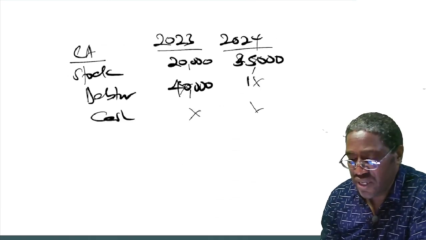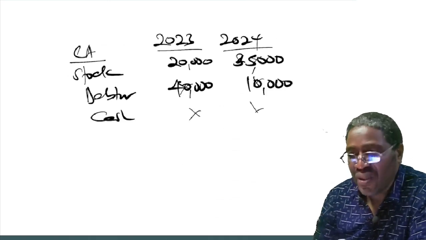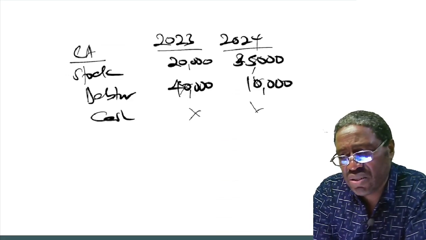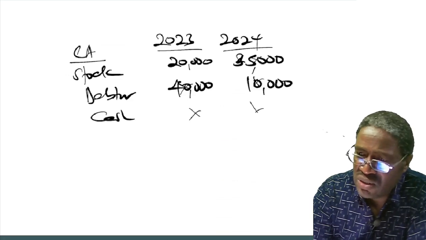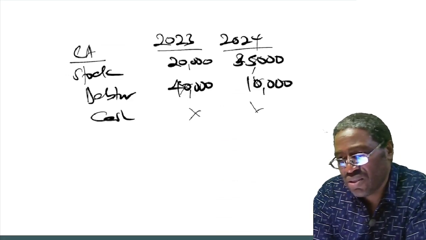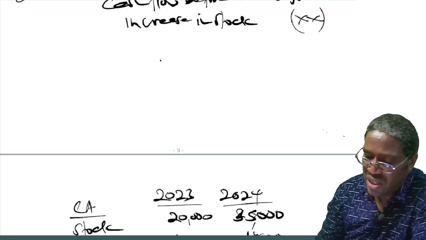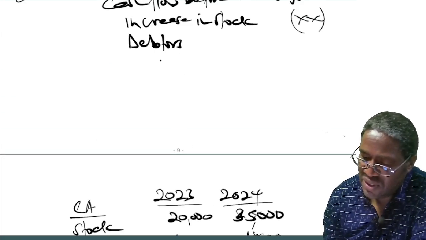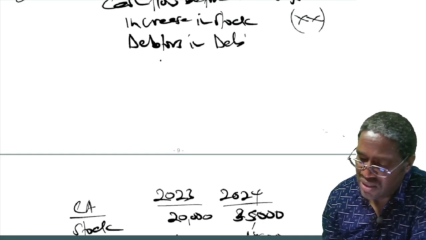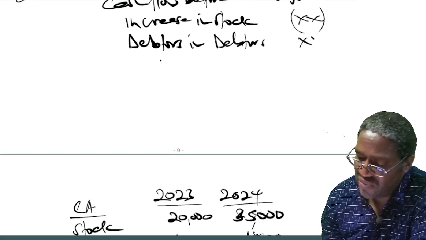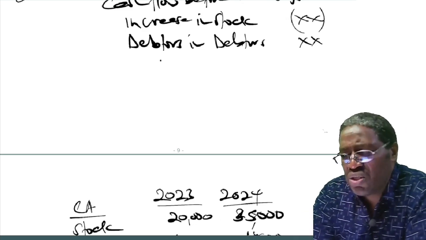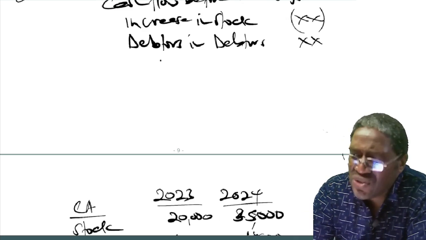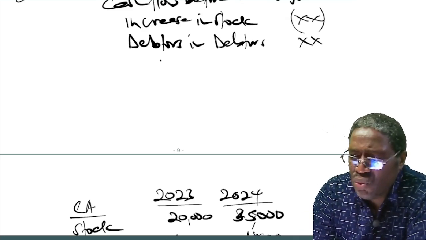This year it's 10. So this time we have a decrease in debtors. 40,000, 10,000. Come and say here, decrease in debtors. So the question is this. When debtors go down, what could have happened?